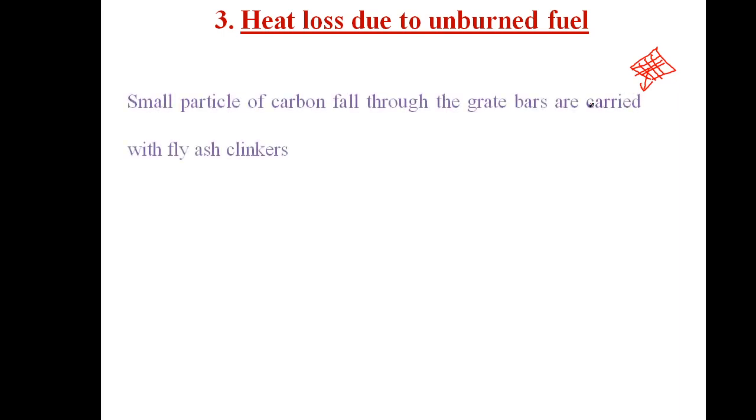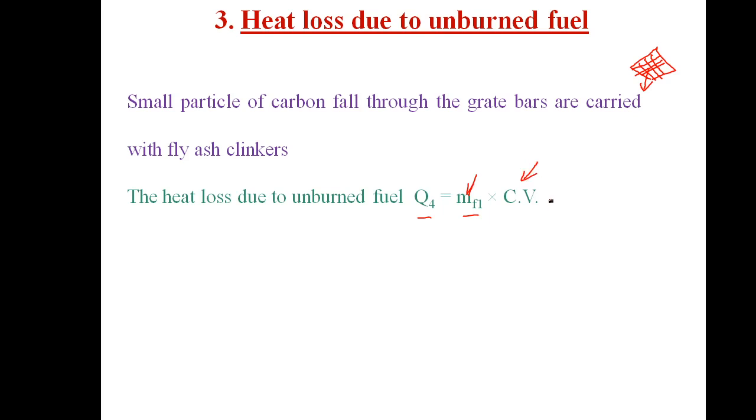Here small particles of carbon fall through the grate bars and are carried with fly ash and clinkers. That is heat lost due to unburned fuel. Heat lost due to unburned fuel Q4 is equal to MF1 into CV, where MF1 is the mass of unburned fuel which falls into the ash pit, and CV is the calorific value of the fuel in kilojoules per kg.